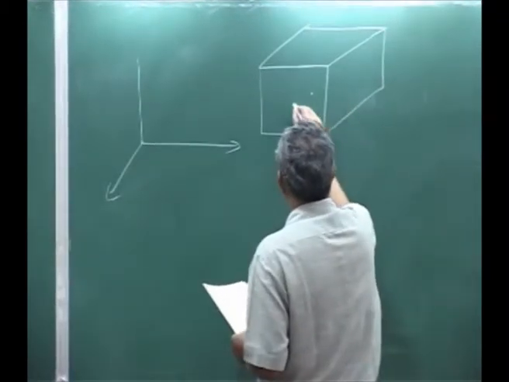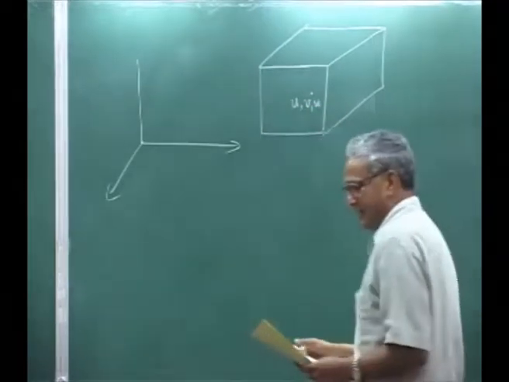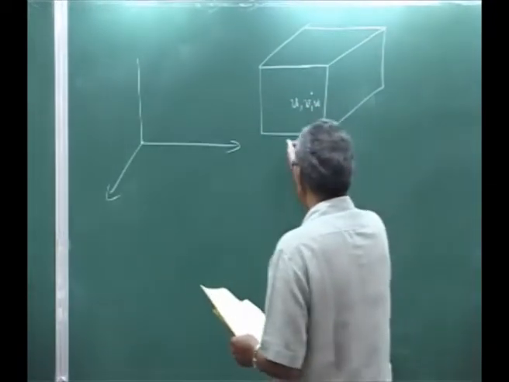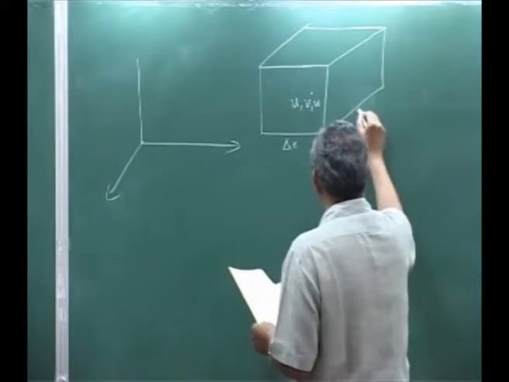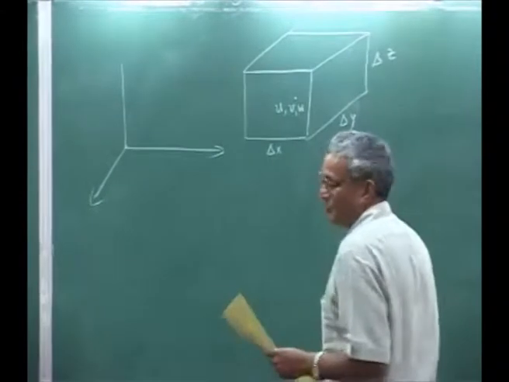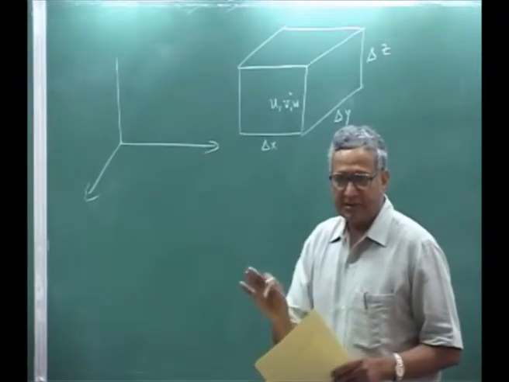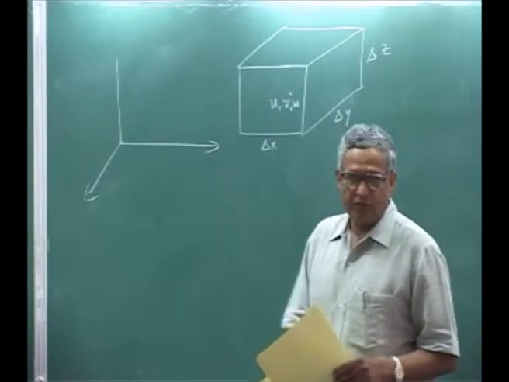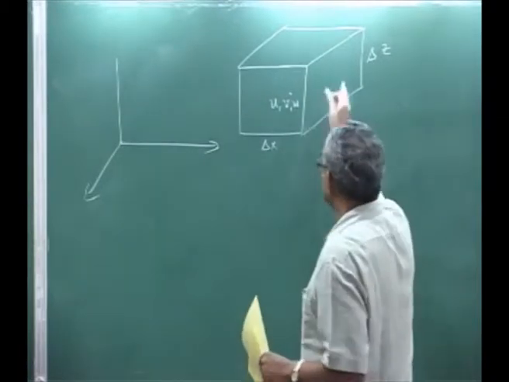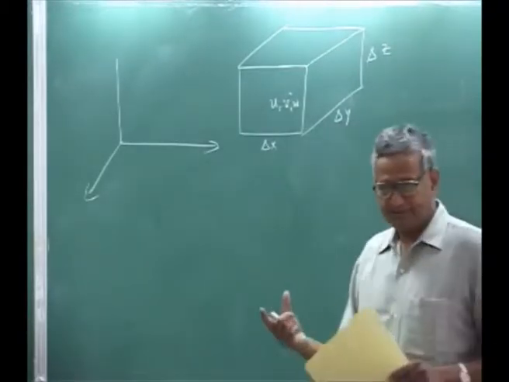Okay, the velocity at this point is u, v, w, and you say this is delta x, this is, you may say, delta y, and this is delta z, and you calculate what is the net outflow through this small elemental parallelepiped.